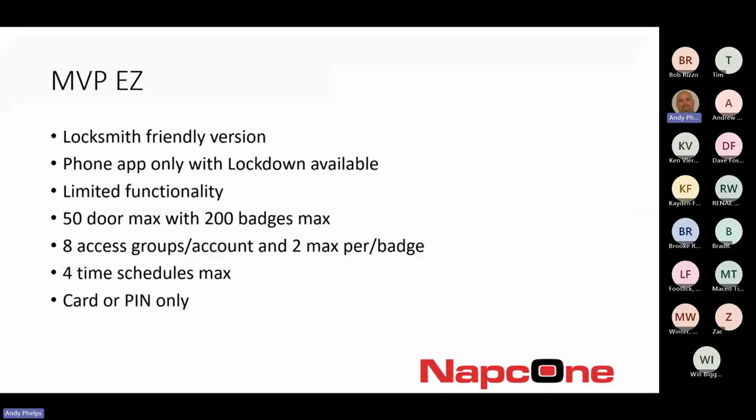So it's app only, limited functionality, and we'll cover what that is. 50 doors max, 200 badges max. You only have 8 access groups per account, 2 max per badge, 4 time schedules, and it's card or PIN only. And the wireless deadbolt works with this as well.